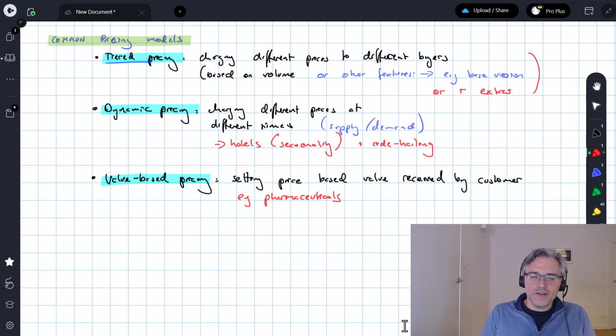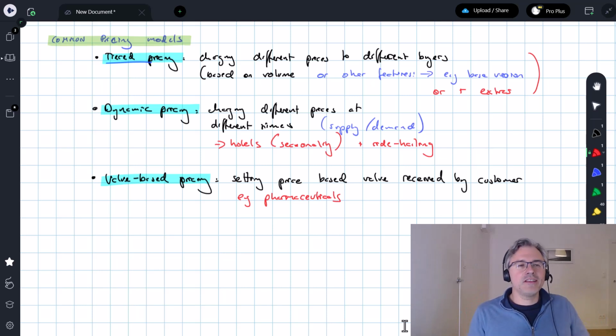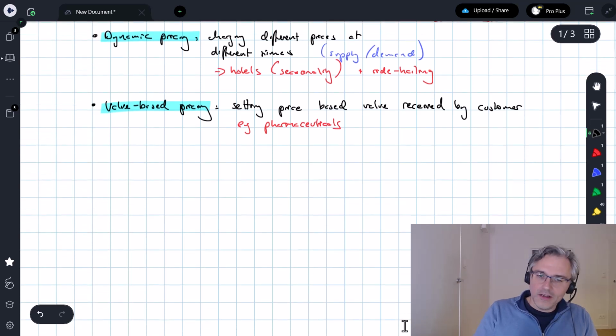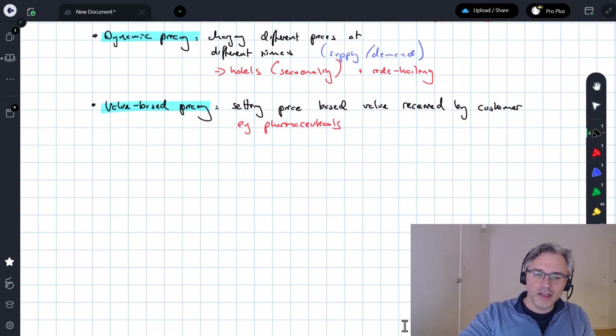And this involves estimating the opportunity cost. I mean, what's the cost to you of being ill? That will very much depend on the illness. Different illnesses have different costs and severity associated with them. So we could do it that way, and that's apparently what pharmaceutical companies do. By no means am I an expert on this.